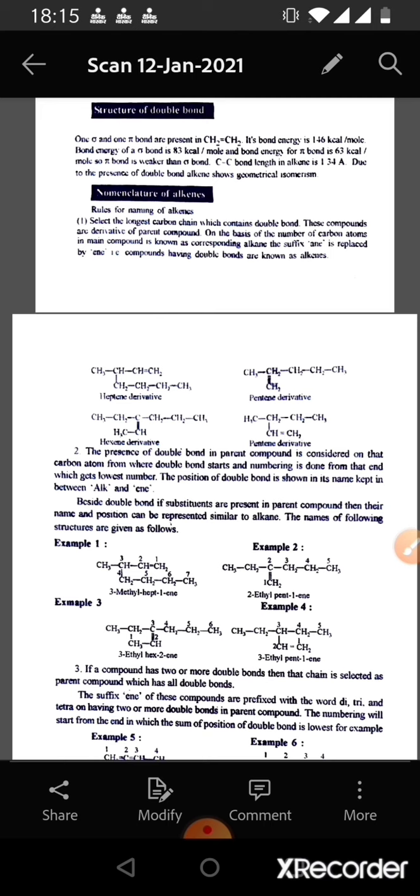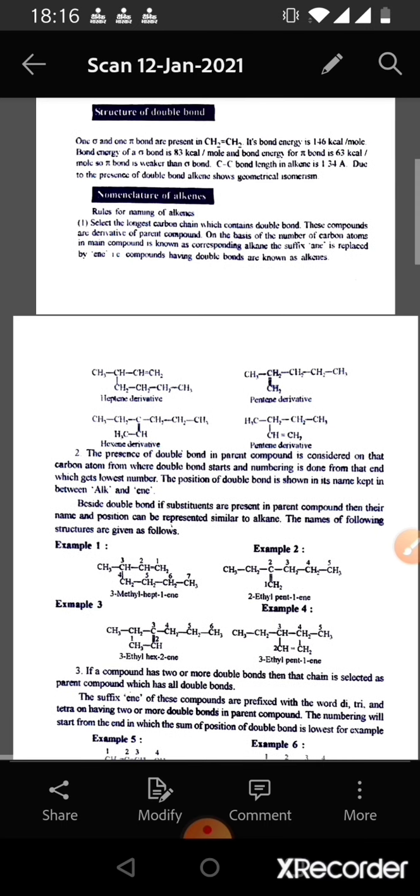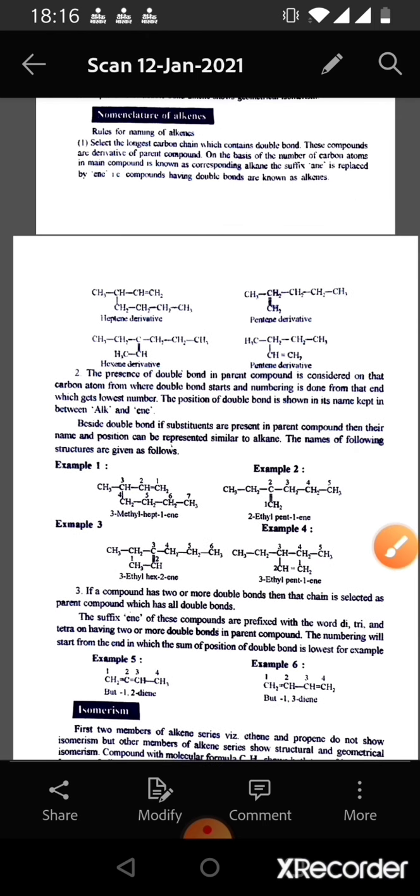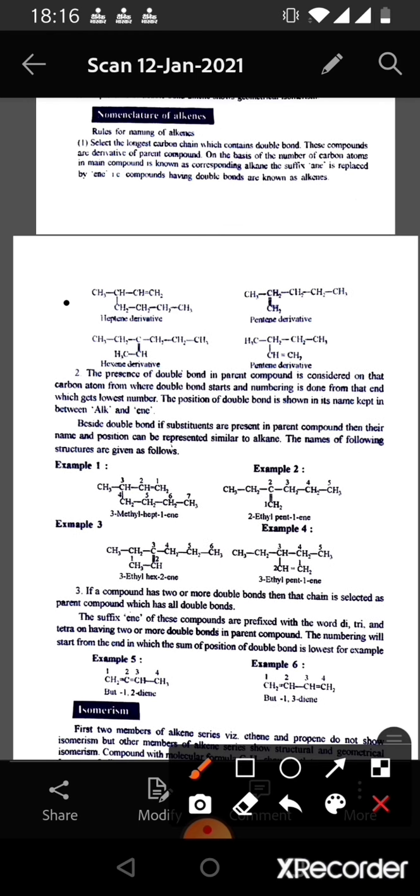So if we take the example of a member containing 3 carbon atoms, the alkane will be propane, but its corresponding alkene will be formed by replacing the "ane" of propane by "ene", so it will be known as propene. If we see certain examples, this is a heptene derivative, as the longest chain is of 7 carbon atoms. This is a pentene derivative, this is a hexene derivative, and this is again a pentene derivative.